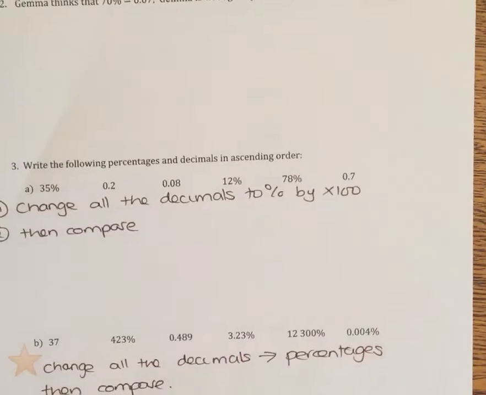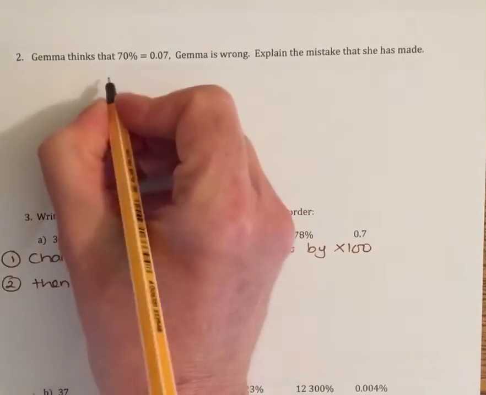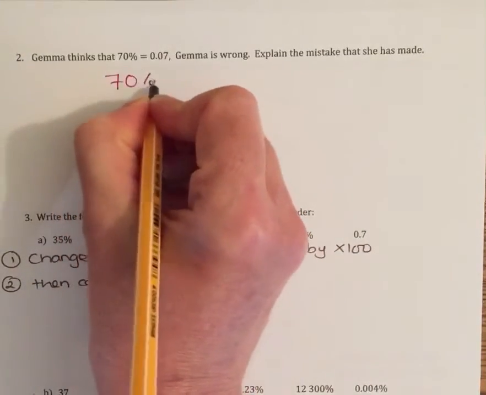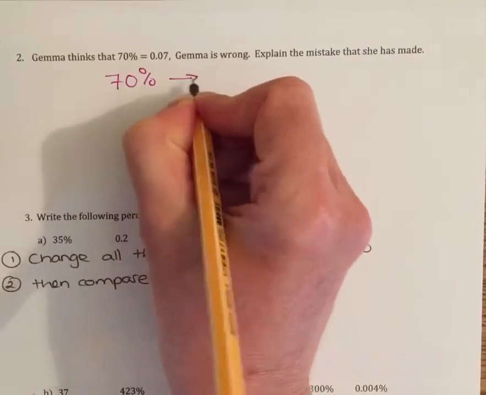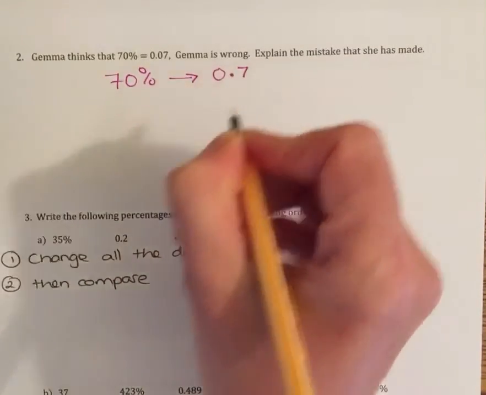Okay, so Gemma thinks that 70% is 0.07. Gemma is wrong. Explain the mistake she has made. Well, I'm going to actually do the conversion. So 70%, if I divide that by 100, I get 0.70.